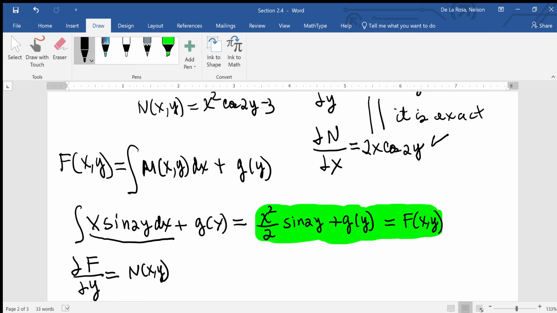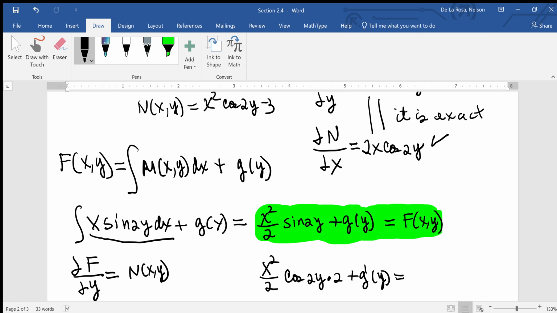So the derivative of this expression is going to be x to the second divided by 2, because remember now the derivative is with respect to y, and the derivative of sine of 2y is cosine of 2y times 2, plus g prime of y. And that is equal to N of x comma y.